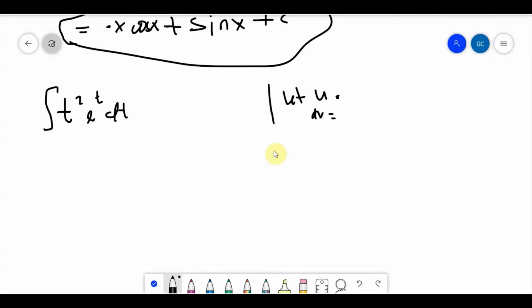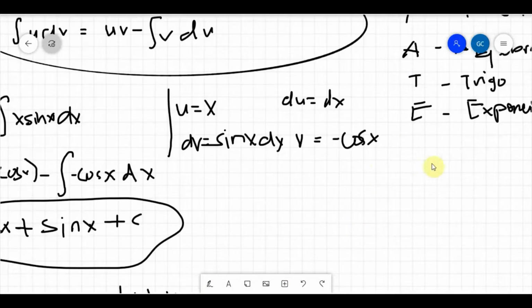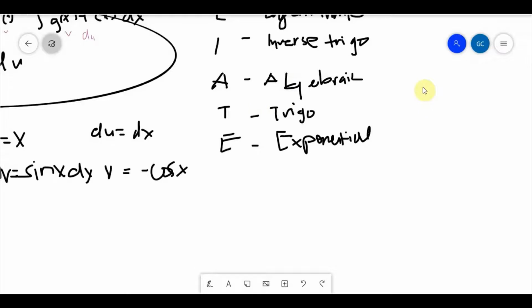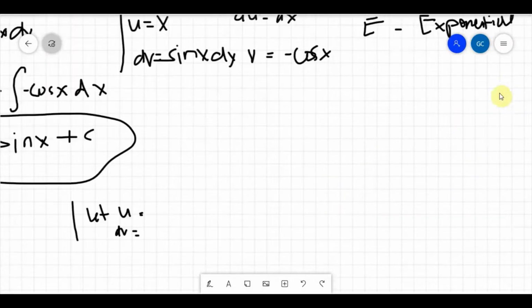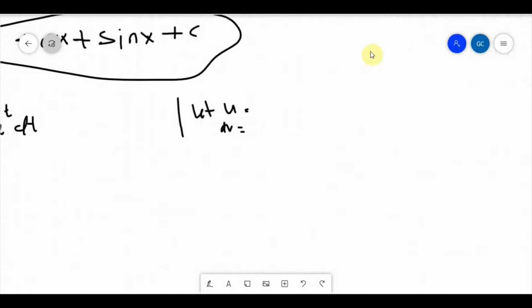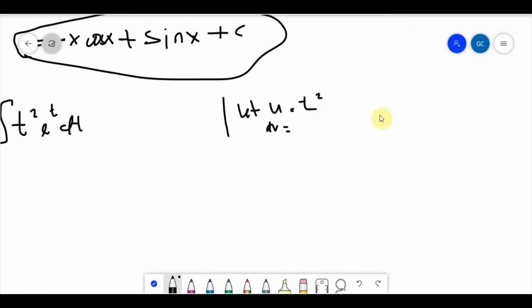Now t squared is algebraic, and algebraic is in third place and exponential is in fifth place, so we will choose t squared as our u. dv is e to the t dt, and the derivative of t squared would be 2t dt. Our integral of e to the t is just e to the t.